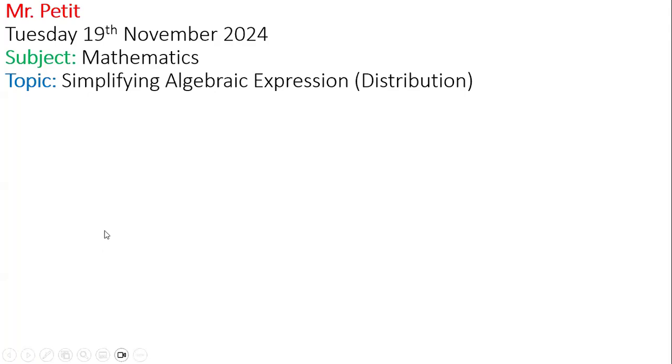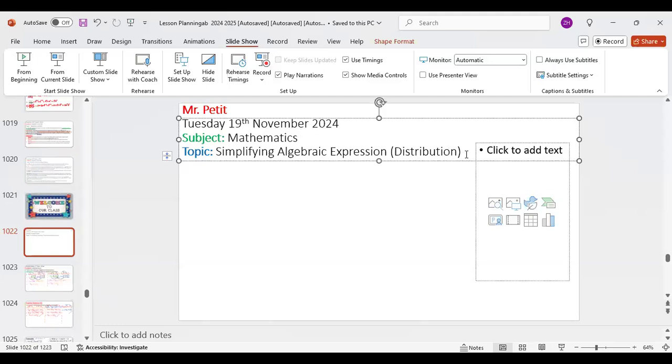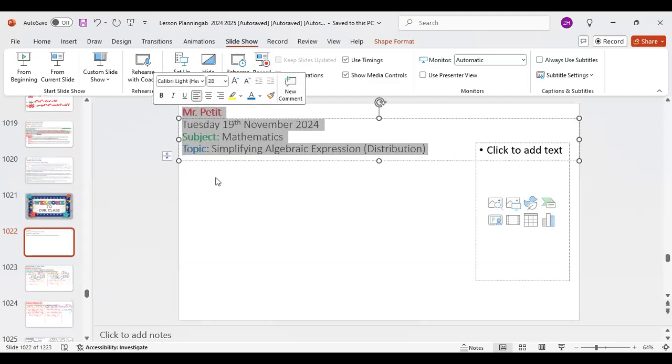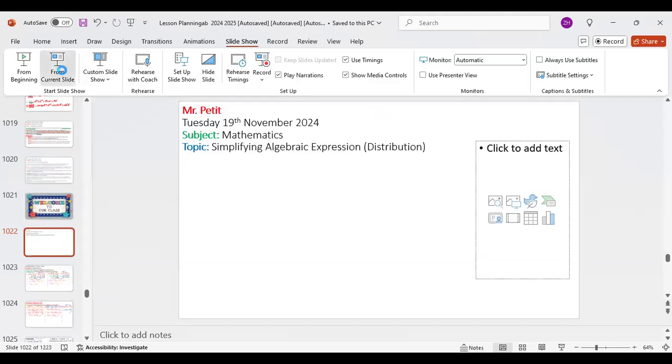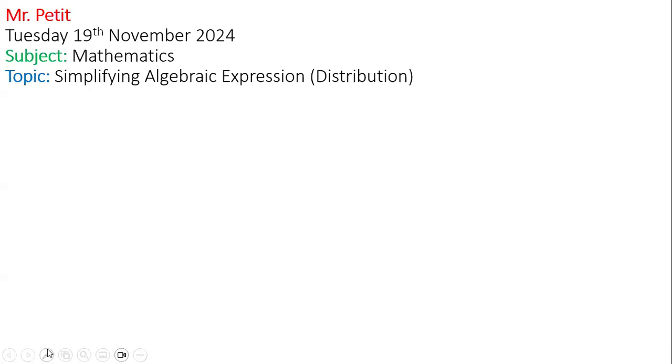Let's begin. Let me make this smaller. So again, our goal is to simplify. Let me write the instructions.